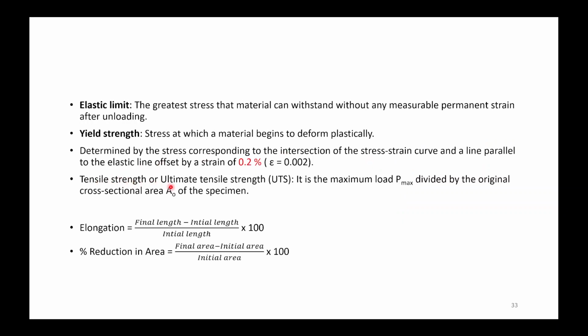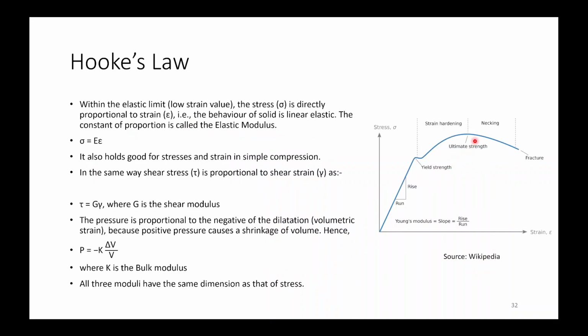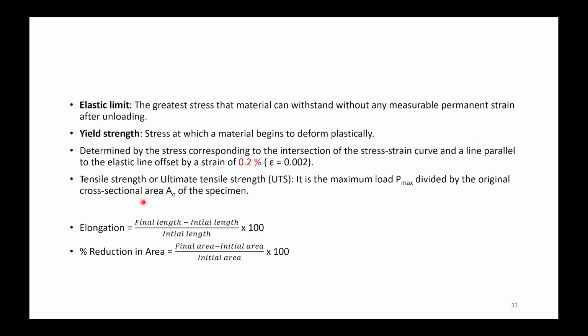Now tensile strength or ultimate tensile strength corresponds to the maximum load. Up to here, the maximum load divided by the original area gives the UTS. And for ductility, these are the formulas.